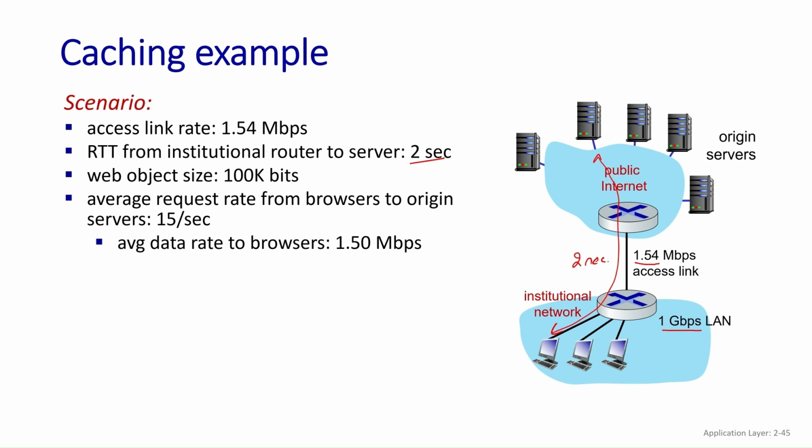This is another thing known to me, and then the web object size. When I request and receive different web objects, the size of each object is 100 kilobits. The average request rate from the browser to the origin is 15 requests every second.